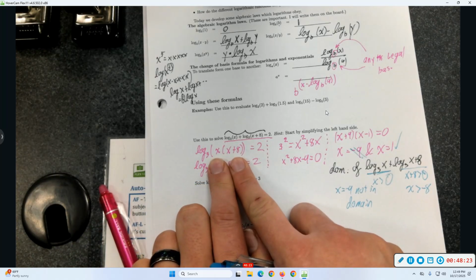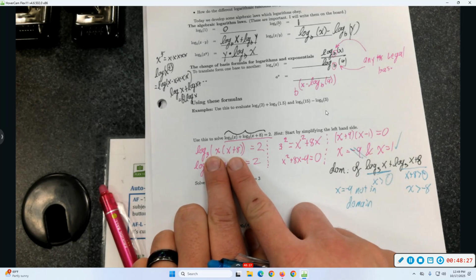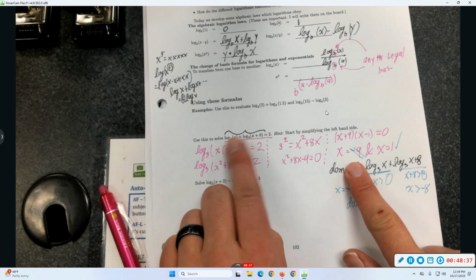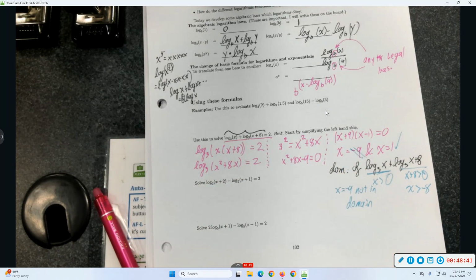But notice when you plug negative 9 into this next expression, I see negative 9 times negative 1. A double negative becomes a positive. So since negative 9 was not in the domain twice, it became in the domain after you did this bit of algebra. So the payoff is algebra can change domain. Whenever you do a bunch of algebra to find a solution, go back and check that it's still in the domain.